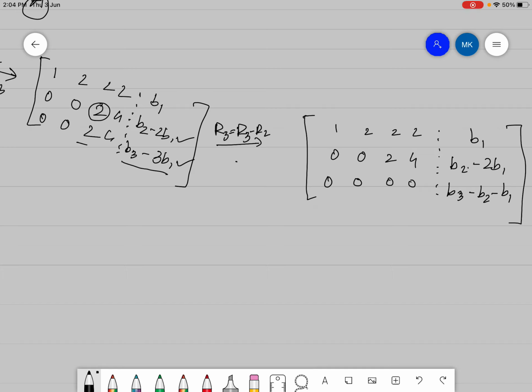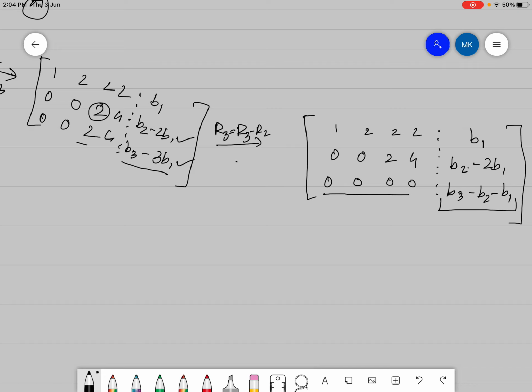As I said, you cannot solve for any b1, b2, b3. We have got one solvability condition from here. As you can see, all the coefficients are 0, and if you have any value other than 0 on the right hand side, then this cannot be solved.